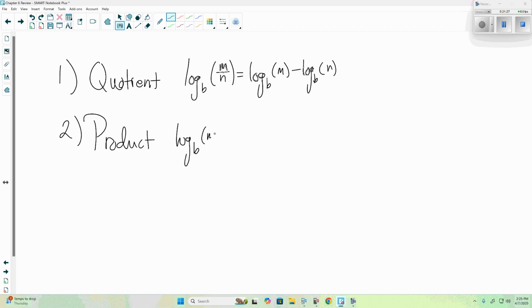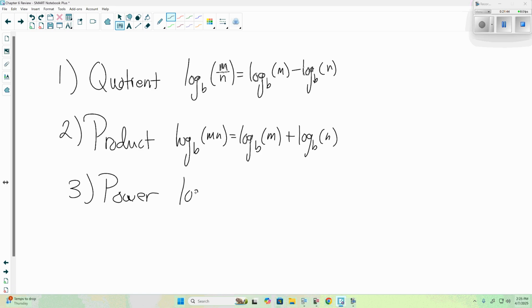Log base b of m times n is equal to log base b of m plus log base b of n. And our last step is our power property. Log base b of m to the n is equal to n times log base b of m. Quotient, product, power.